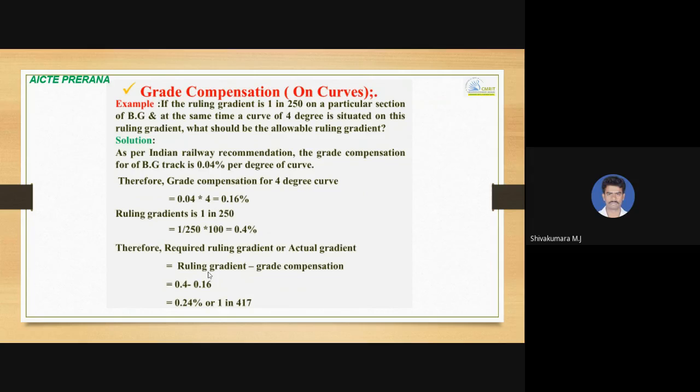So how much are we reducing the ruling gradient? It is 0.4 minus 0.16. So 1 in 250 means 0.4%, and the grade compensation is 0.16, so that is 0.24%. So that is 1 in 417.